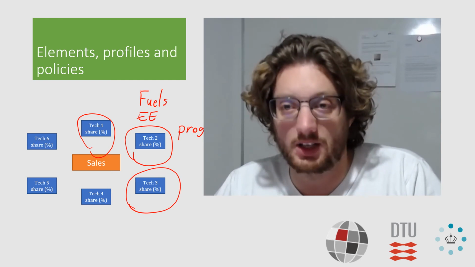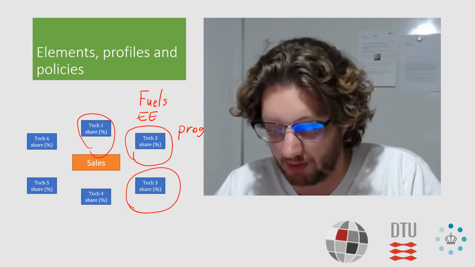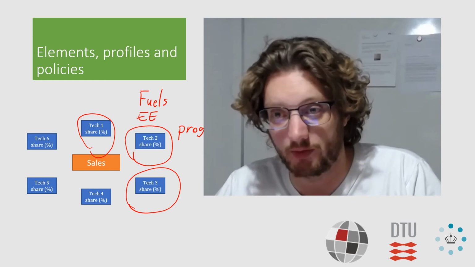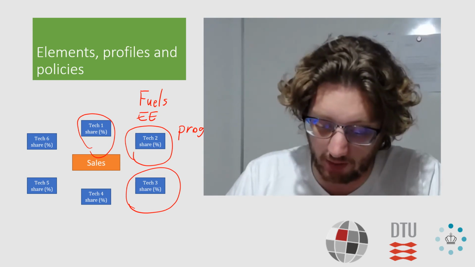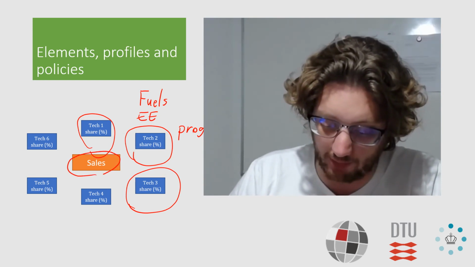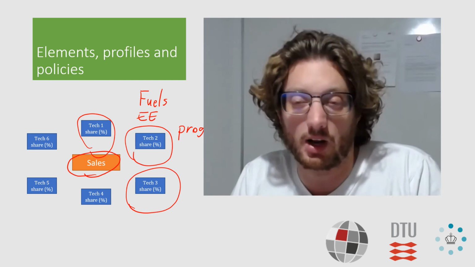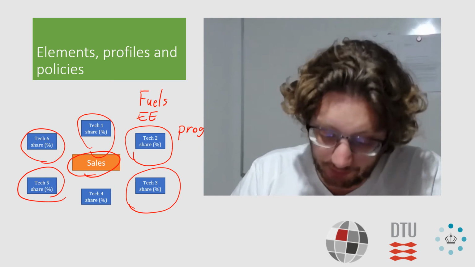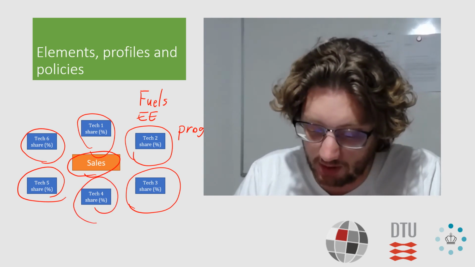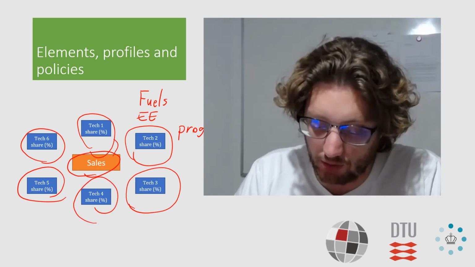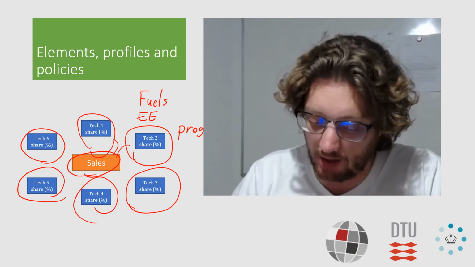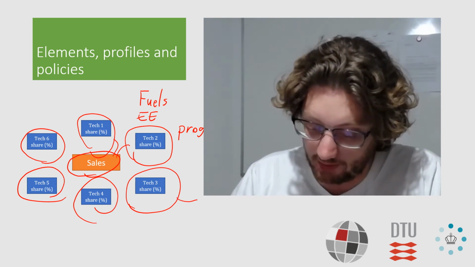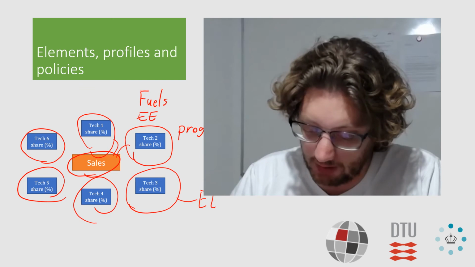So in general, what we will do with stock turnover is specify the sales of the category. We could put this as one big number in one of our categories, and then divide it out into different shares. Some of them of course could be 0, and then we can pick and choose between them based on a policy. So this could be the result of an EE policy.